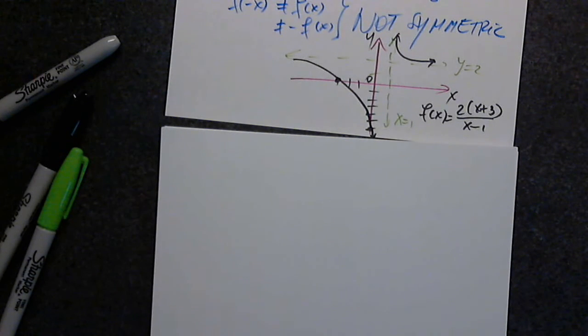Rational equations. We already looked at a few examples. That's one, rational equations. Radical equations. Quadratic equations. Absolute value equations. That's one topic.